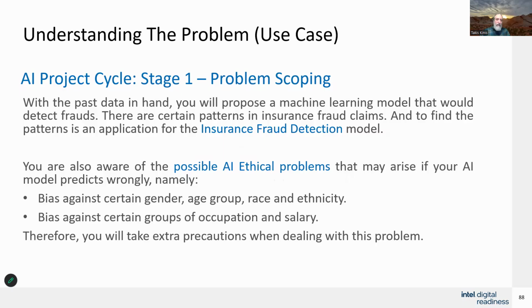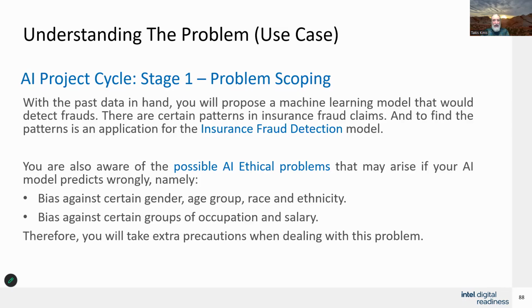All right. So you have this scenario, and what you end up proposing is a machine learning model that would detect frauds. And there's certain patterns in insurance fraud claims, and to find the patterns, we will set up a model to do that. There are some issues though, right? Maybe the model will have a bias against gender groups or age groups or race or ethnicity, or against certain groups of certain occupations and salary ranges, right?